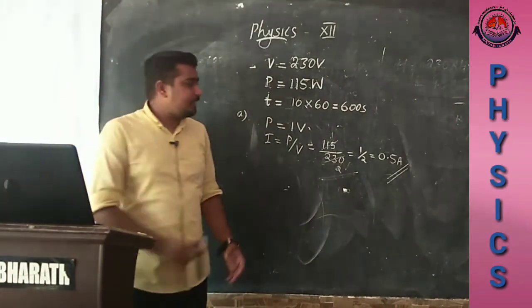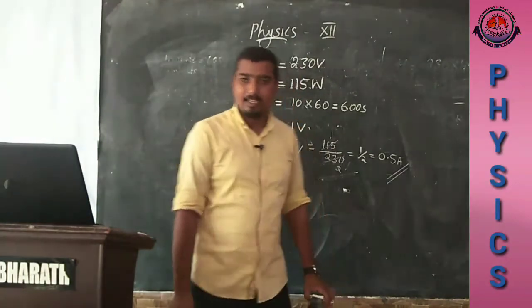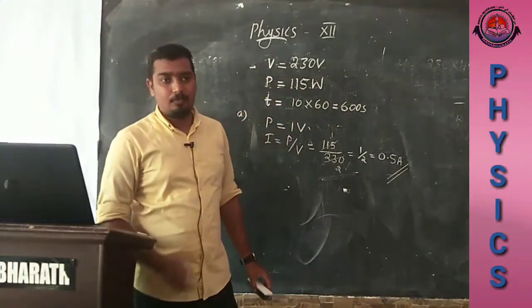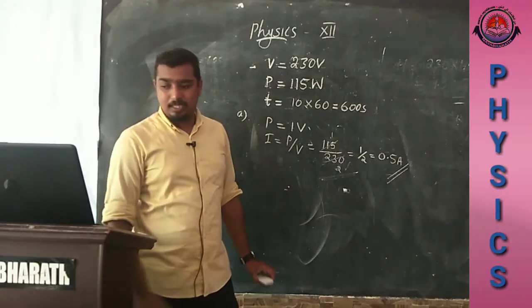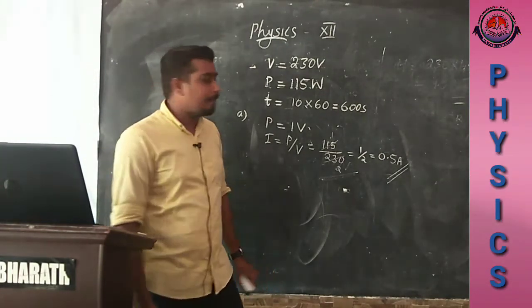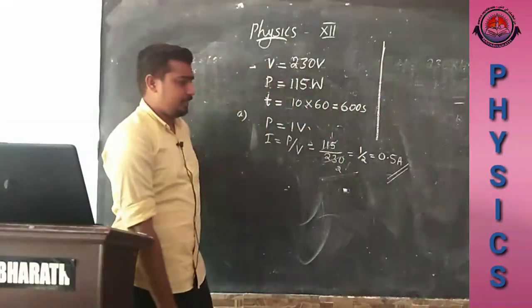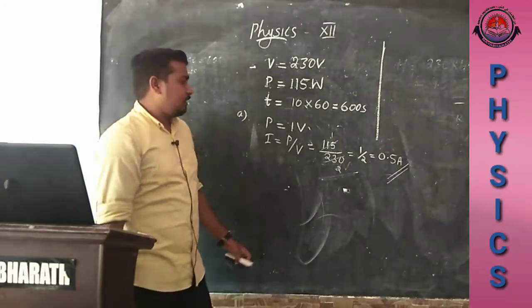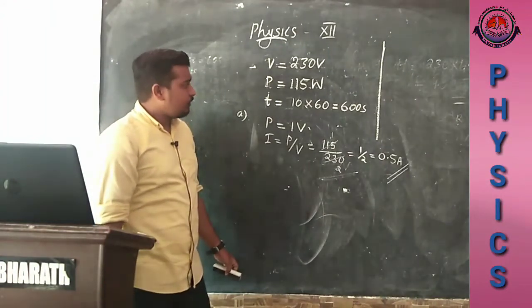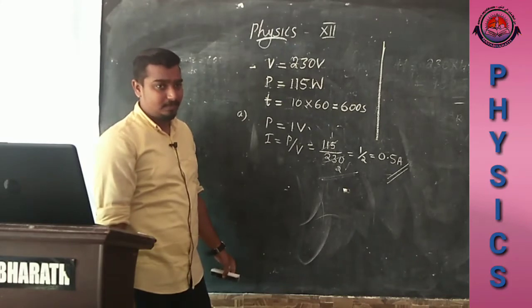Okay, then what is the second question? What is the resistance of the electric bulb or filament lamp? Here the electric bulb is considered as a filament lamp. What is the relation between resistance and voltage from Ohm's law?